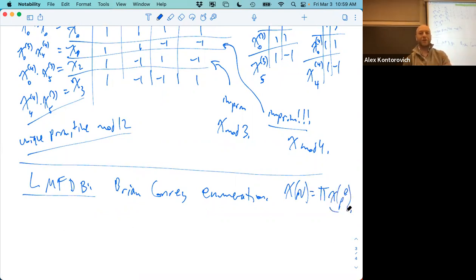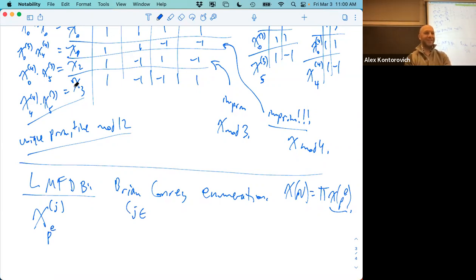And how are you going to get all the characters to prime powers? So chi mod p to the e, the jth character mod p to the e, how many will there be? What will j range in? I want to know how many characters there are and what's the structure of the character group.